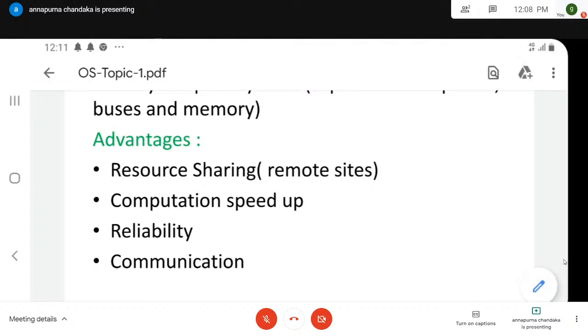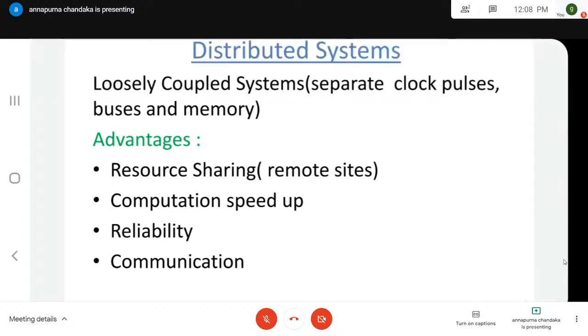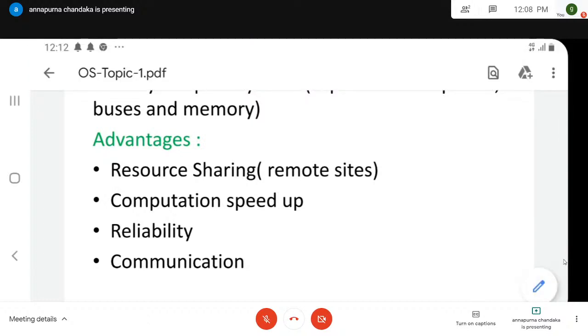Then what is the advantage of integrating all these systems? Number one, resource sharing. A remote system can directly access a resource that is connected anywhere in the network. The best example of a distributed system is your local area network.